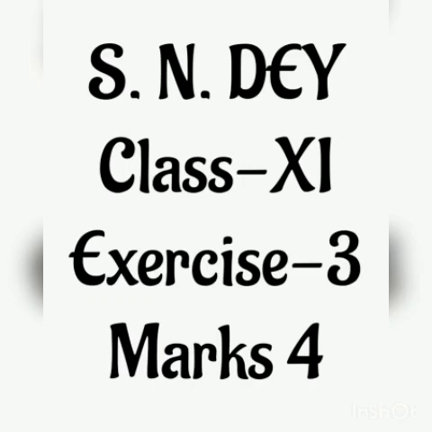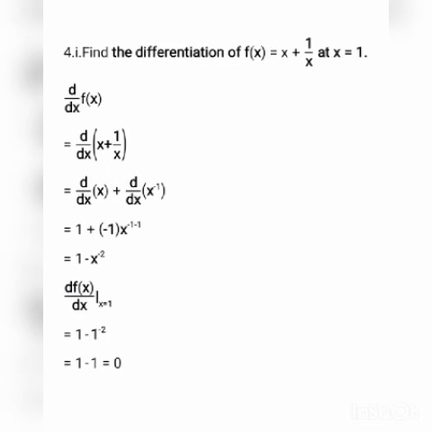Today we will solve some problems from the book SN De class 11, exercise 3, marks 4, question number 4. Our first problem is find the differentiation of f(x) equal to x plus 1 by x at x equal to 1.